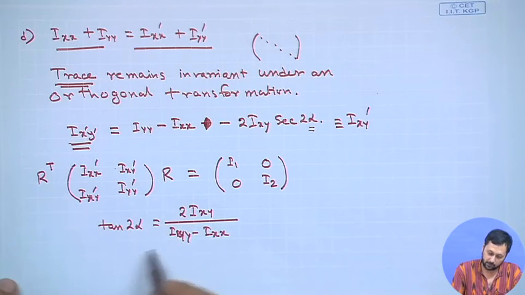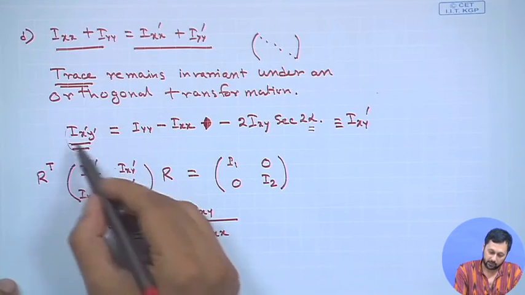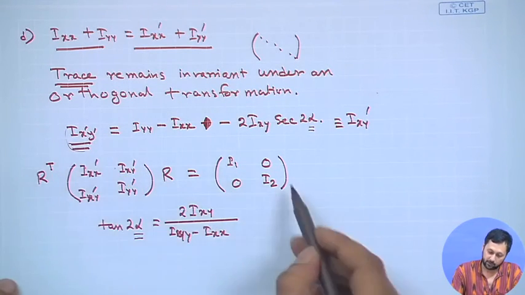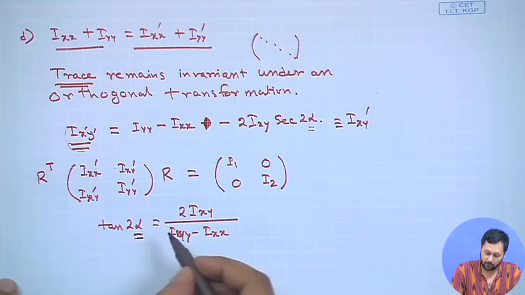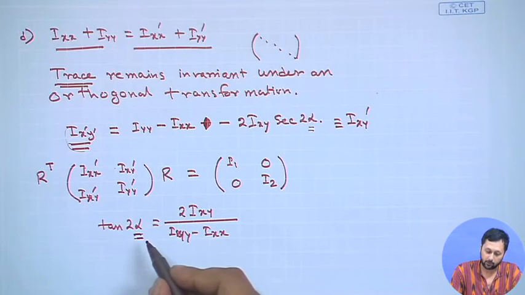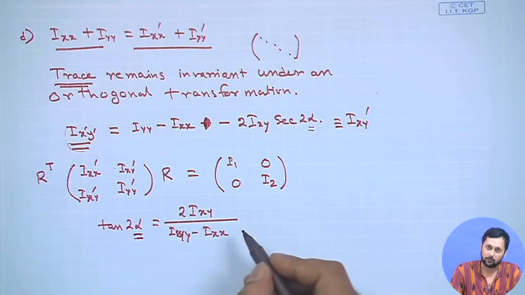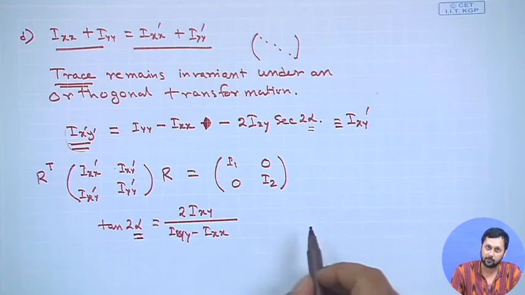So, for this particular value of alpha, the I x prime y prime term vanishes. That means for this particular value of alpha, the tensor becomes diagonal. For this particular rotation, we will go to the diagonal frame of this particular object. Okay. So, this is the physical interpretation of this result.